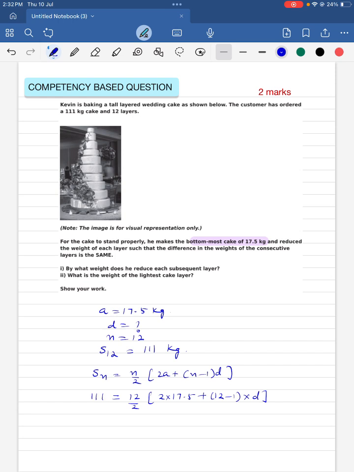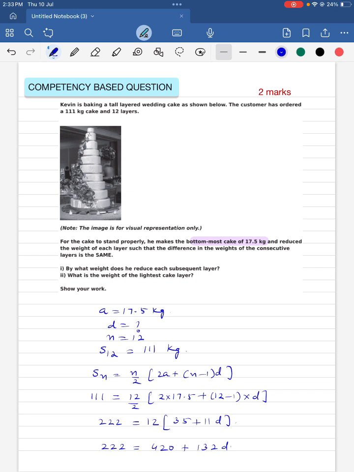So 111 times 2, which is 222, is equal to 12 times 17.5 times 2, which gives me 35, plus 11d. So 222 is equal to 12 times 35, which gives me 420, plus 132d.